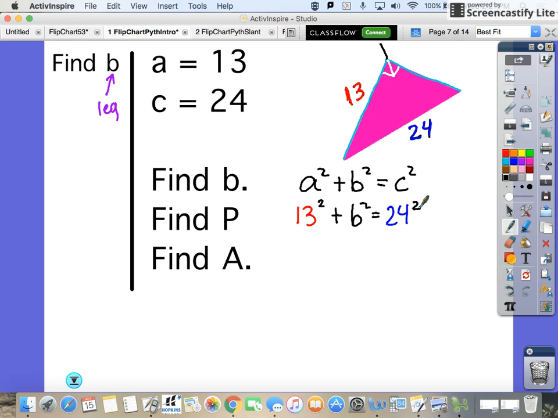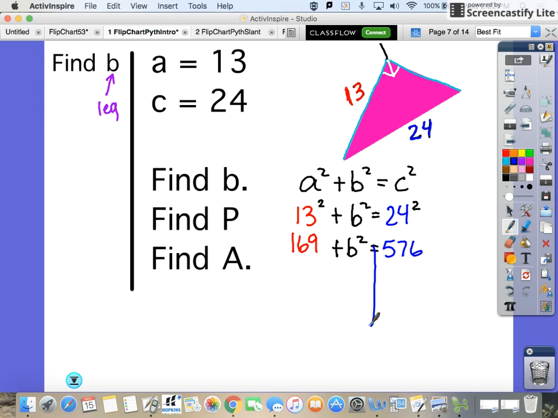So now we're going to simplify and solve for B. 13 squared is 169. And 24 squared is 576.